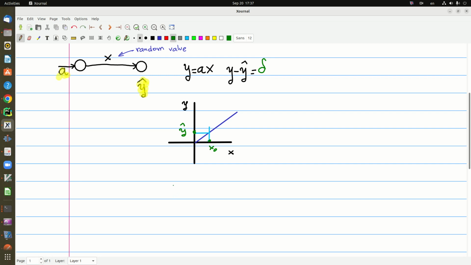If the randomly selected value for x is on the right, what we need is to come closer to the best value, which is x0.